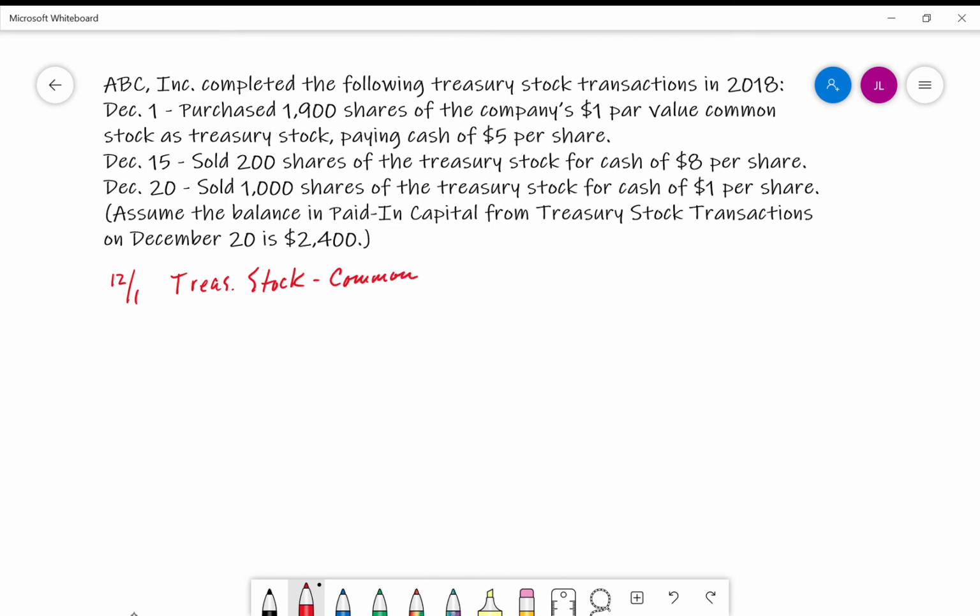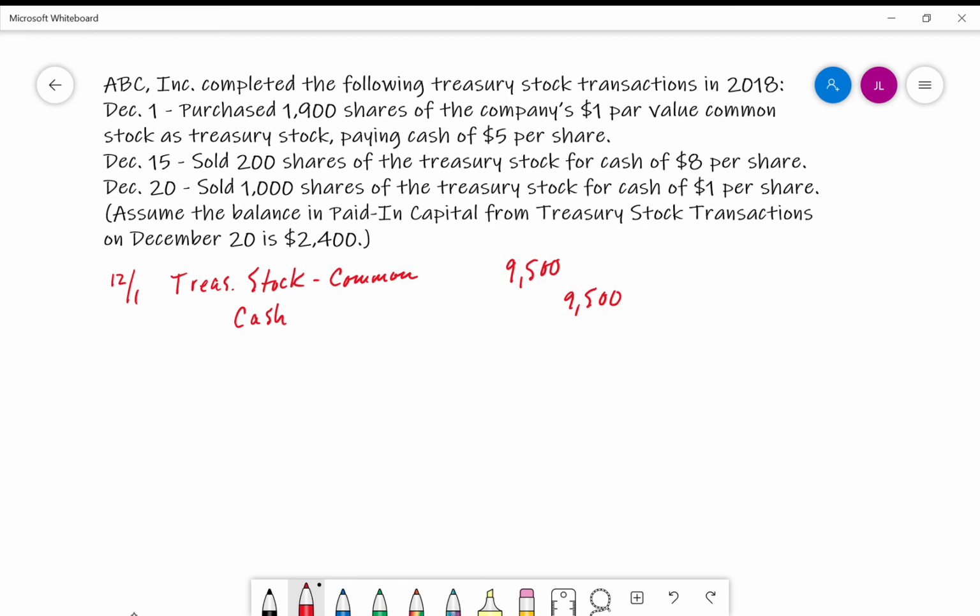And at $5 per share for 1,900 shares, that's $9,500. We will debit. And since we're buying it, of course, we have to credit cash for $9,500. So December 1st, that's us purchasing some of our stock back as Treasury stock.